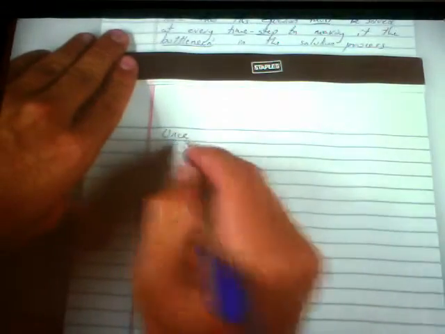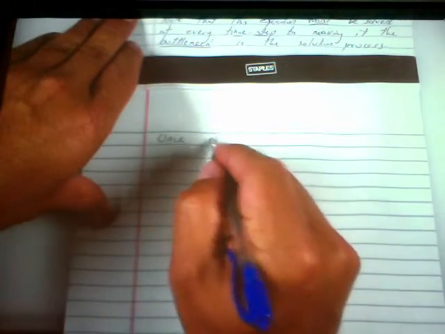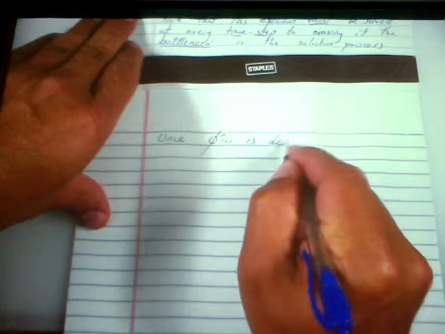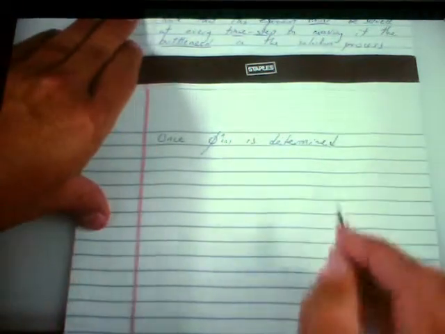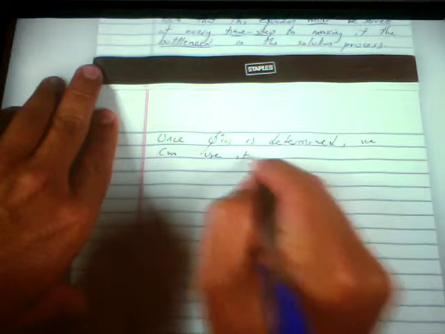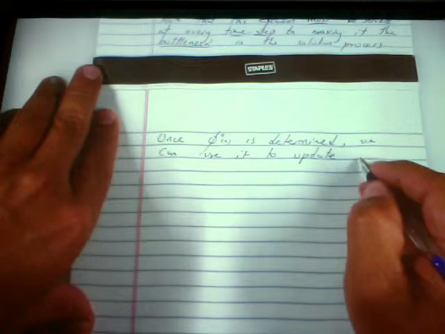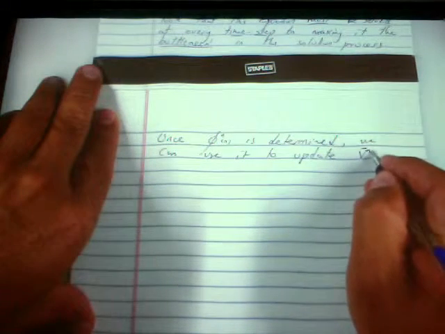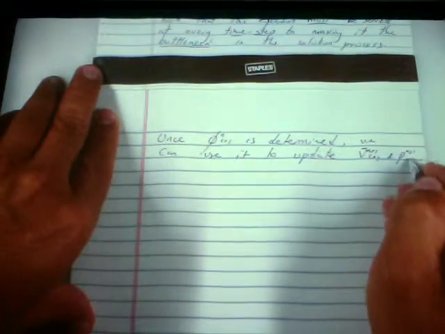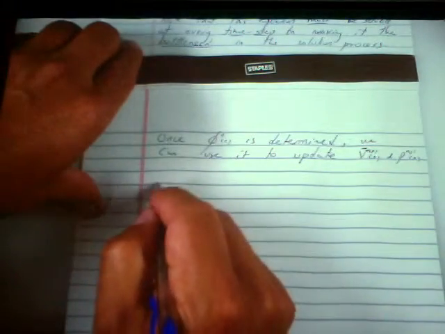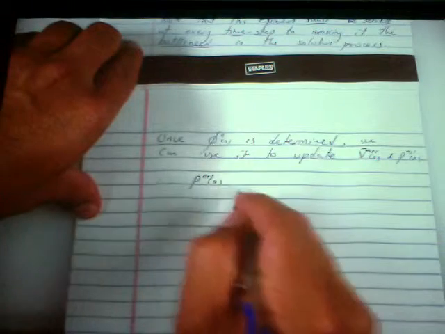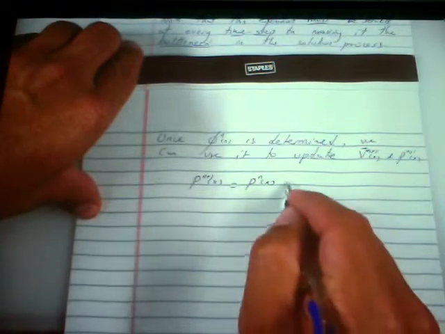All right. Now, once phi is determined, well, once the Poisson equation is solved, we can use it to update V and P, such that, well, this is how we first define what phi is.